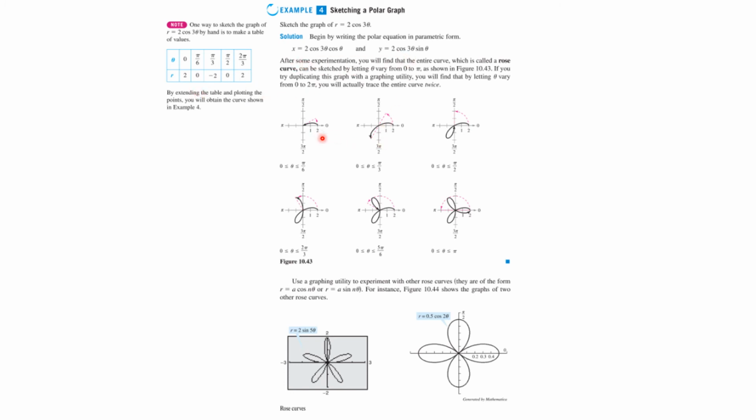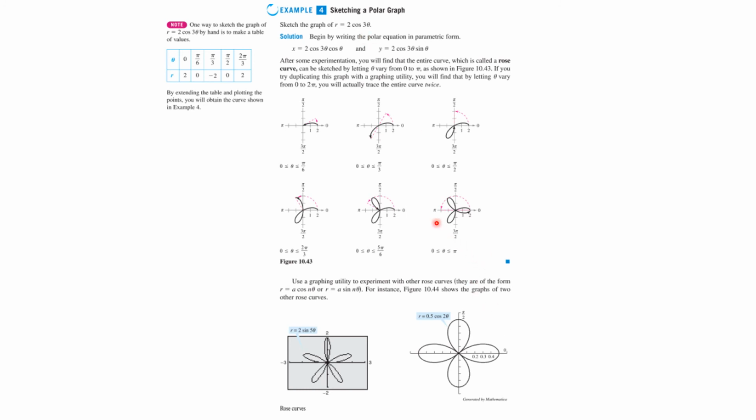But what you're going to find out is that you start here, you go down, and then you loop back. Then you loop up here, getting that, then you come back and you loop back, and so on and so forth. You might say, oh, I got a, and this is called a rose, I got a 3-petaled rose because the argument of the cosine was 3 theta, and that answer is correct.